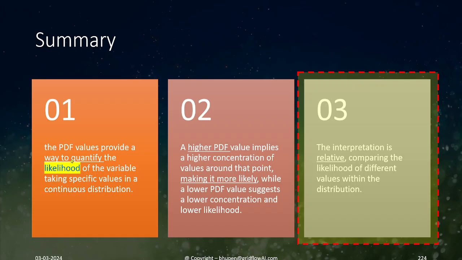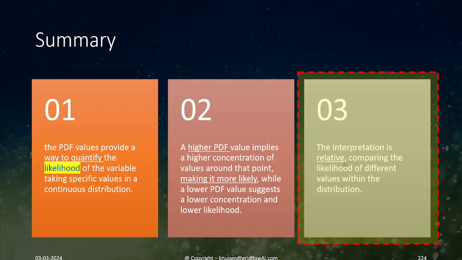So the summary of this is the PDF provides a way to quantify the likelihood of the variable taking specific values in a continuous distribution. Higher PDF implies the higher concentration or higher likelihood. In other words, you can think of an area under the curve or definite integral, while the lower PDF suggests a lower concentration or a lower likelihood.